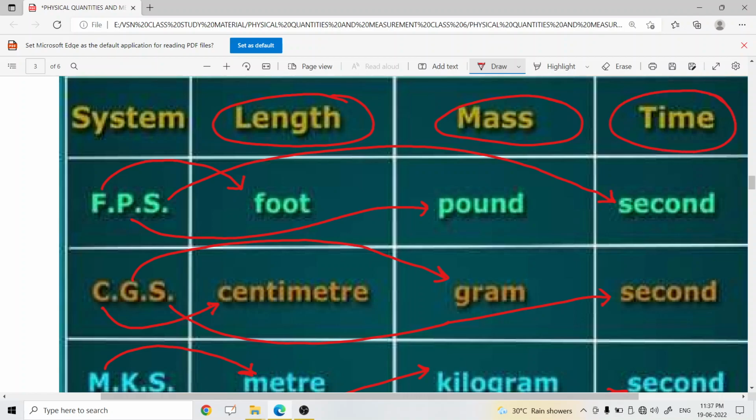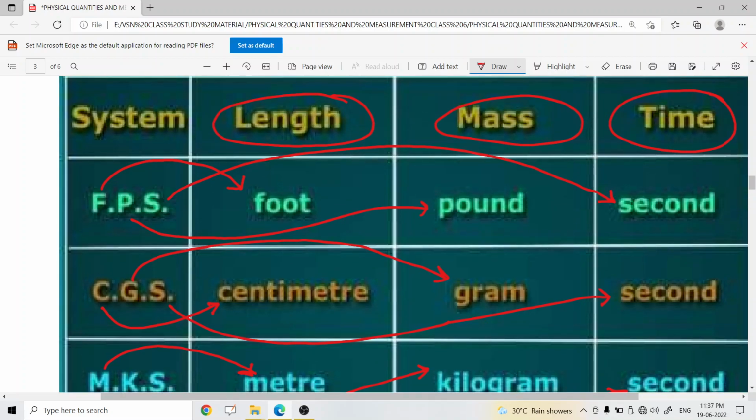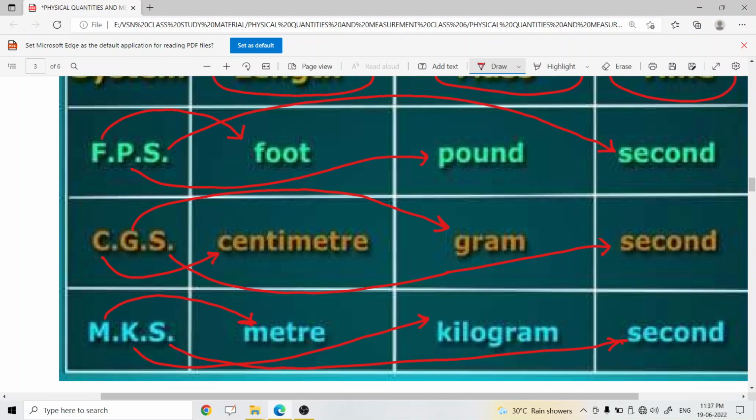Also you can notice that in the three systems of units, for time we get the same unit, that is second.